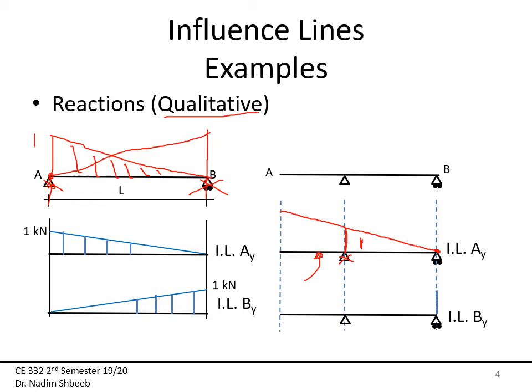Now, if I want the influence line for By, again, I need to move what? I need to move this guy right here, allow this to move up. Again, here I have one piece, but here what you've noticed is that this one piece is pivoting on what? It's pivoting on this reaction right here, A. Okay, this is A. Sorry about that.